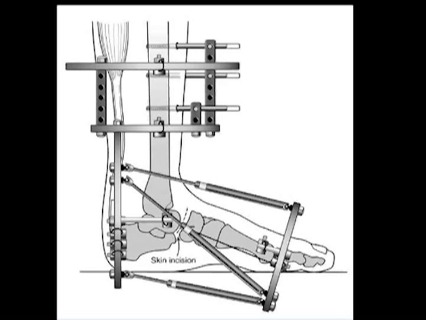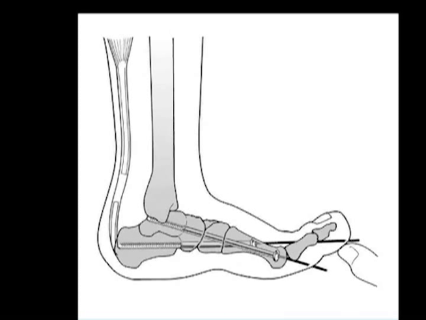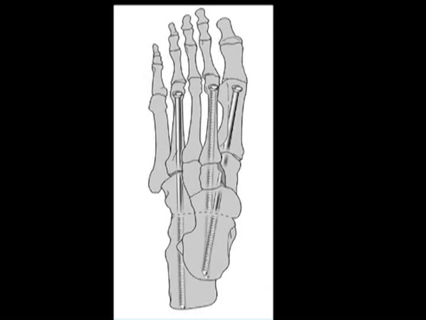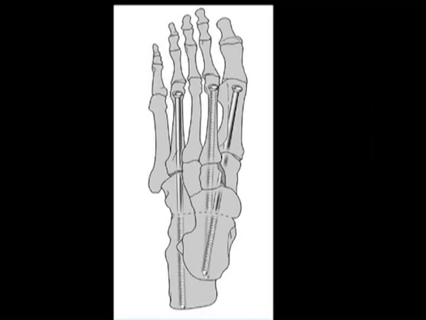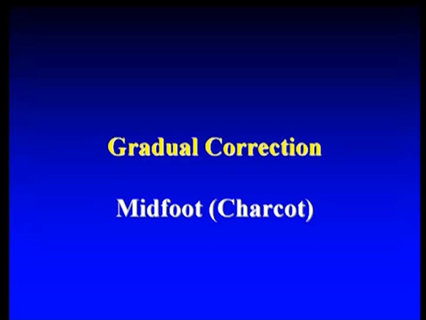This gradual correction can take anywhere from 2 weeks to 4 weeks, and then you have the decision whether you want to maintain the external fixation device to create further compression across your formal fusion, or you can remove the external fixation and apply internal fixation as shown here, medial and lateral column fixation as well as central column fixation as mentioned before, or whatever fixation method you choose.